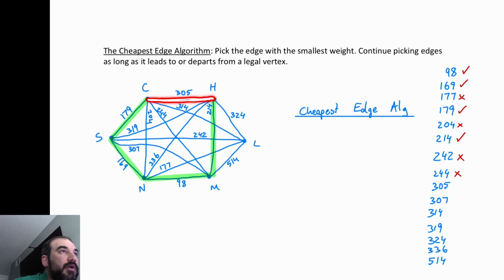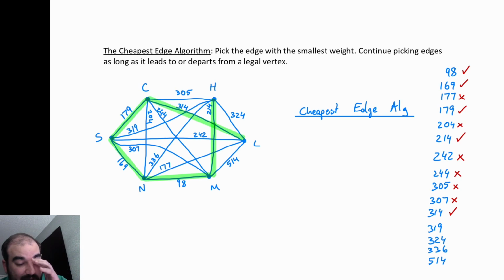We've now closed our loop without visiting L. Right, so 305 is also not a valid edge, even though the 2 vertices are available. And that's because you're not supposed to complete your circuit until you've visited every vertex. So next would be the 307, which is not available. The 314 is available. So the 314 is valid. We can go from C to L.